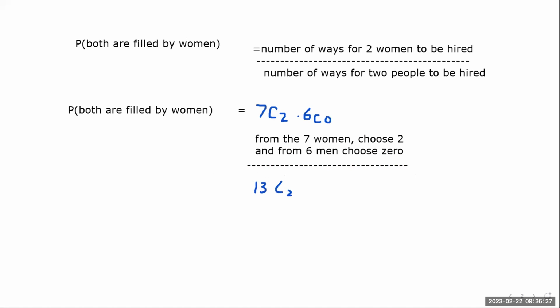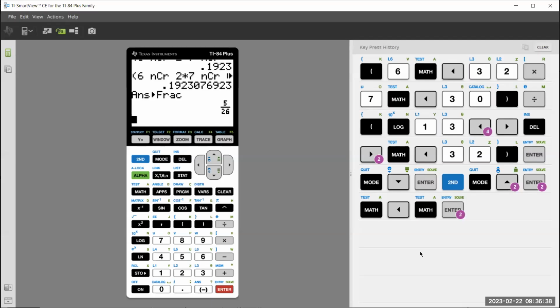So let's go to the calculator now. Now, I'm going to show you a little trick that might help some of you. If you use the up arrow key, you can take this and paste it, which I just highlighted and hit enter. It'll paste it down here for you.